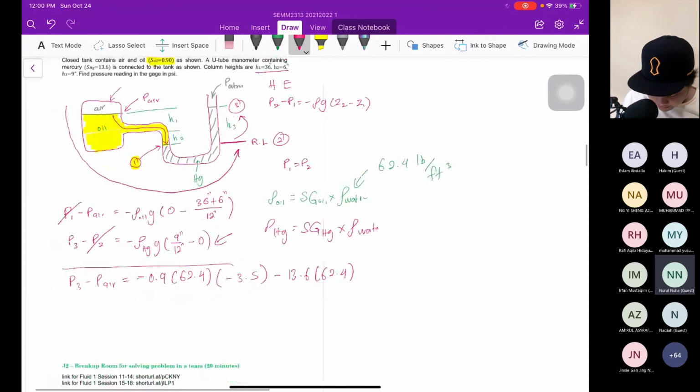Then I multiply by the value here, 9 divided by 12, which is 0.75.